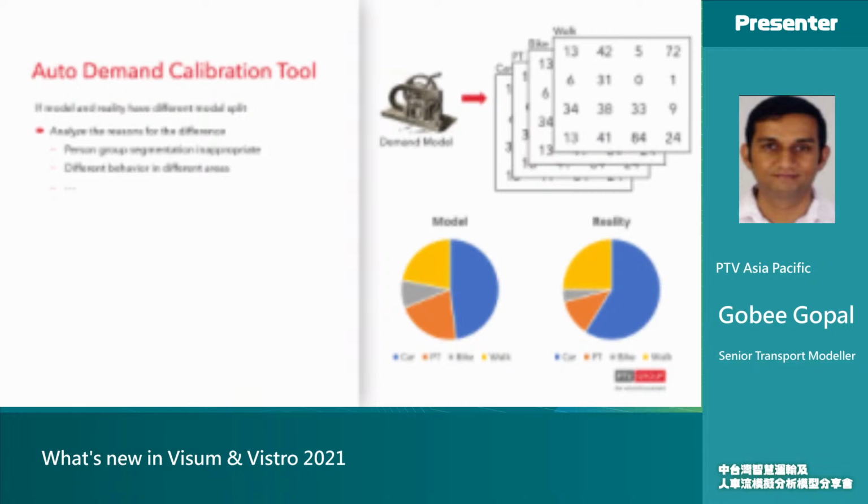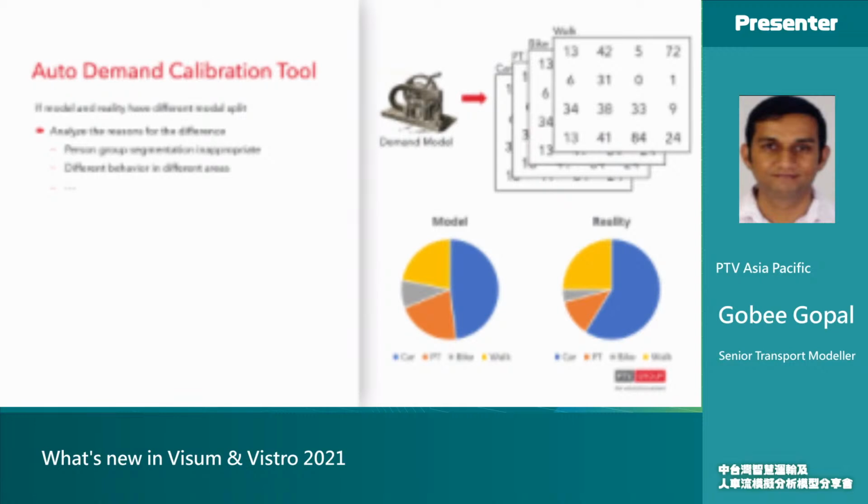In case the model and reality have a different mode split, analyze the reason for the difference. First, of course, you can't simply apply the calibration tool. The user needs to understand what went wrong, why the model result and the survey data are inconsistent.